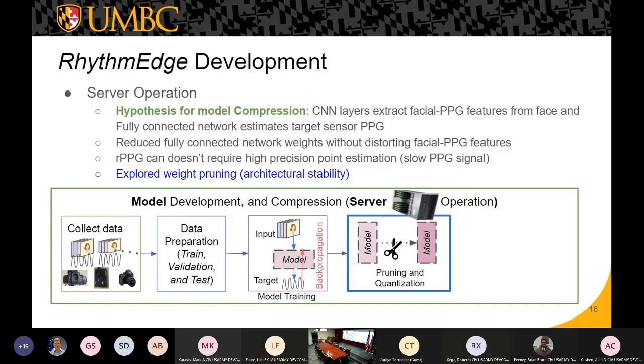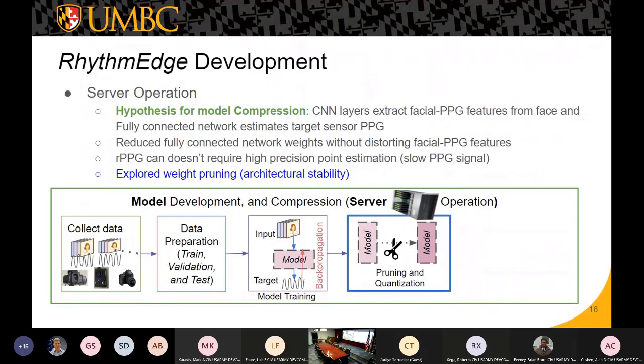So those are our ideas. Based on this idea, we explored a weight pruning approach to shrink down our models so that they can be used in small devices, in terms of both memory and power consumption, and also work reliably. We do not want to compromise the accuracy too much by doing this pruning.